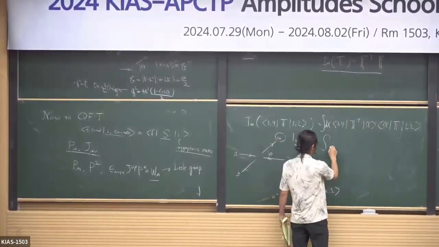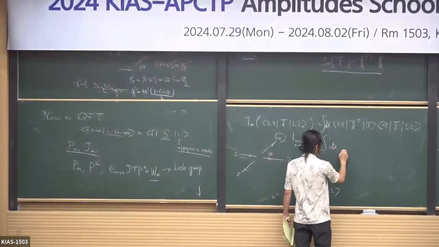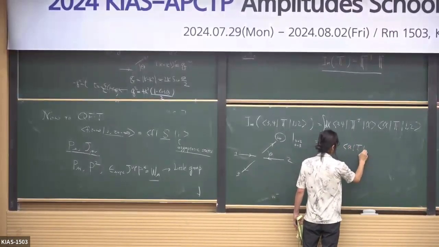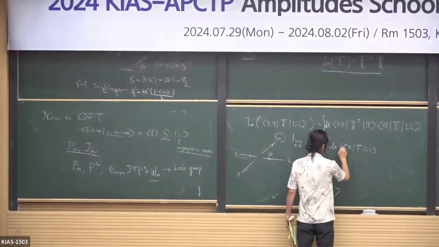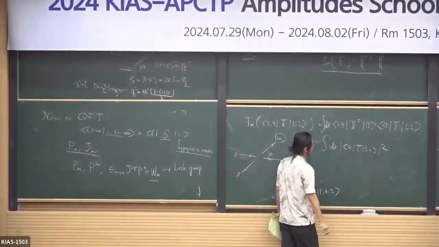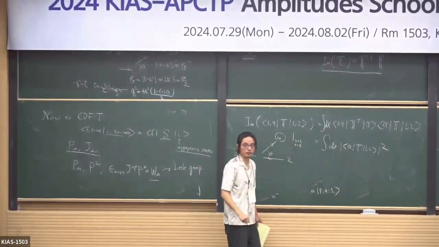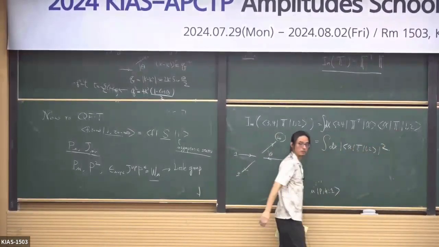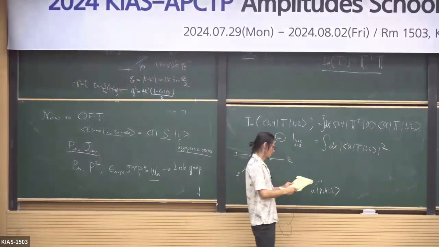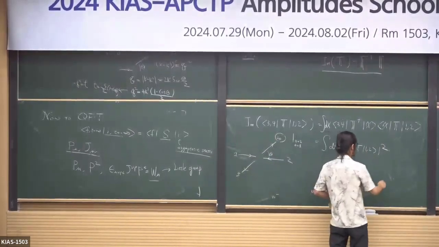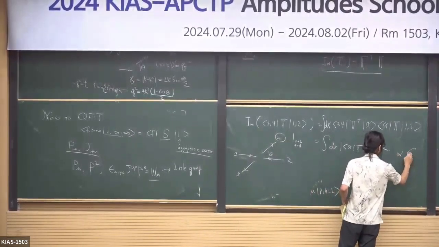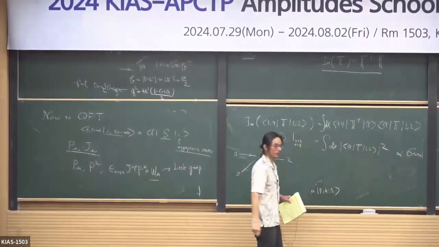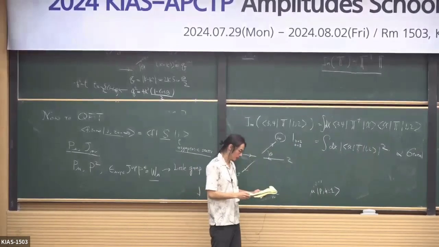Then this just becomes the sum over X of the absolute value squared of <X|T|1,2> in the forward limit, because now 3, 4 is identified with 1, 2, so this becomes the complex conjugate of this one. So it becomes the absolute value squared. And therefore, this gives you basically the total cross section of the scattering process. So this is how you get the optical theorem.